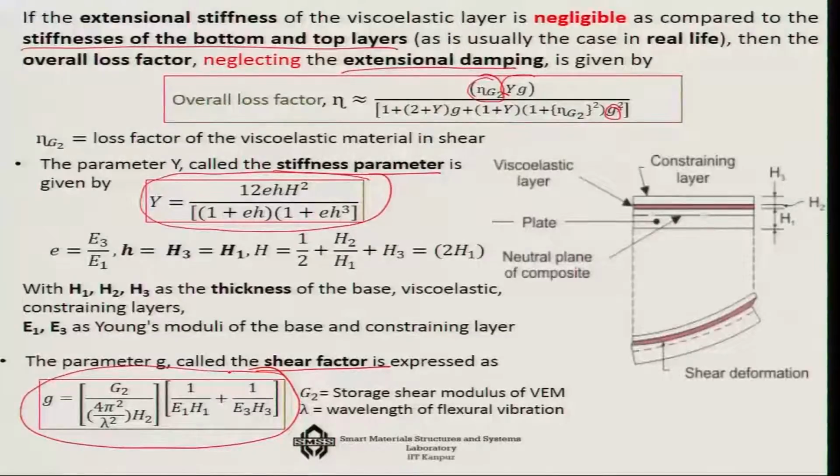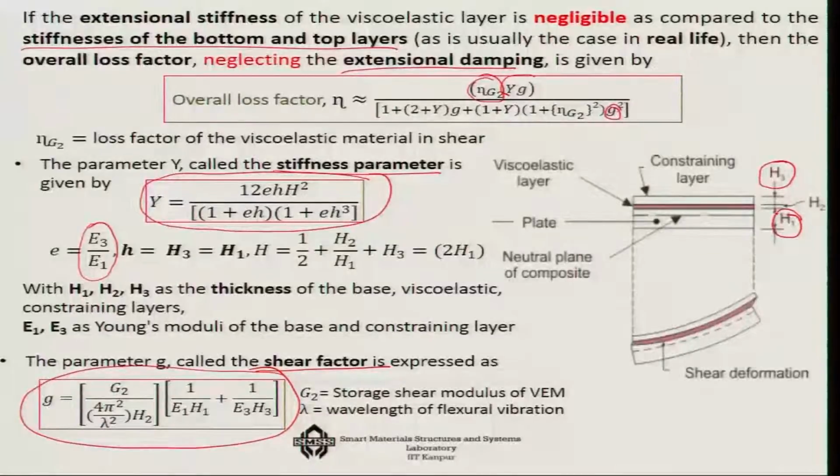Here, once again, for the stiffness parameter, the important ratio is the stiffness ratio of E3 over E1. That means the modulus of elasticity of the constraining layer with respect to the modulus of elasticity of the base layer.